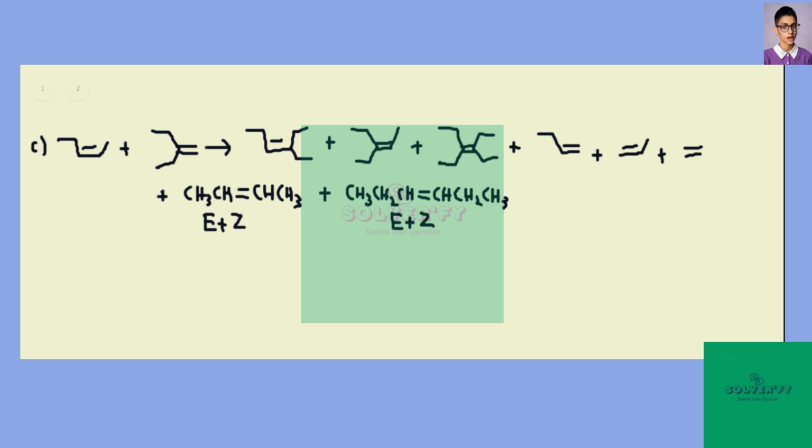Okay, so 8 products here, as I said, or 10 if we consider the E and Z isomers as different products. And so obviously this is not going to be synthetically useful.